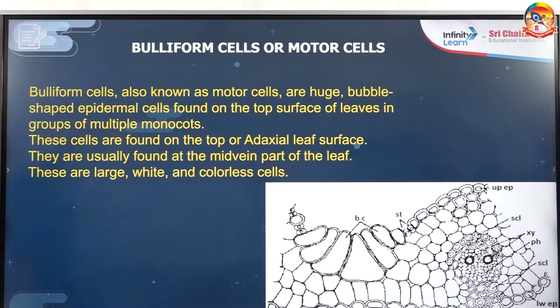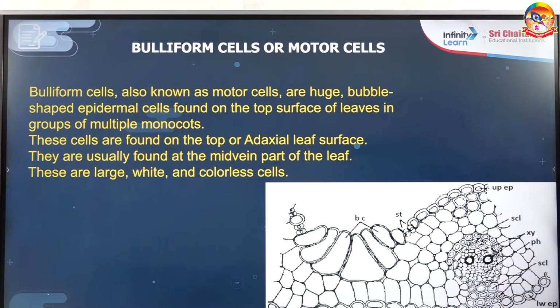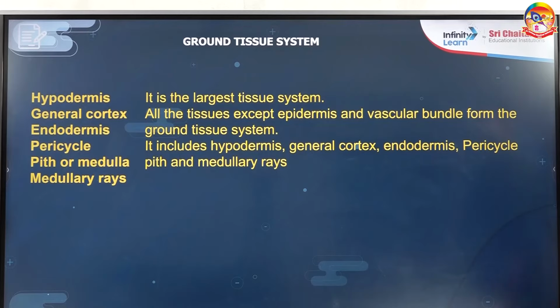They are usually found in the midvein part of the leaf. They are large, white, colorless, columnar, empty cells. These are the words that you have to remember under bulliform cells, which are connected with the epidermis. Clear? Let's go for the next slide.